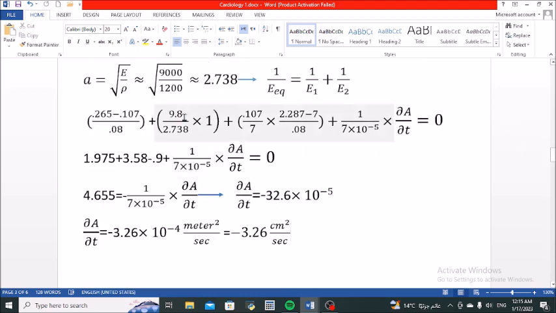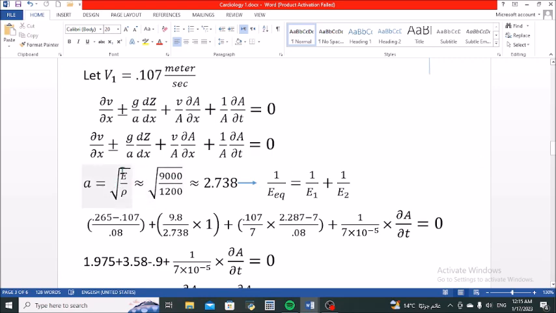0.107 plus 9.8, that is g over a times dz by dx. Because the blood vessel, the carotid artery, is vertical, dz by dx equals 1. 9.8 is g, the acceleration of gravity, over a as calculated here from the E for the carotid artery material, which is 9,000 pascals, while rho for the type of blood vessel of the carotid artery is 1,200 kilogram per meter cube.